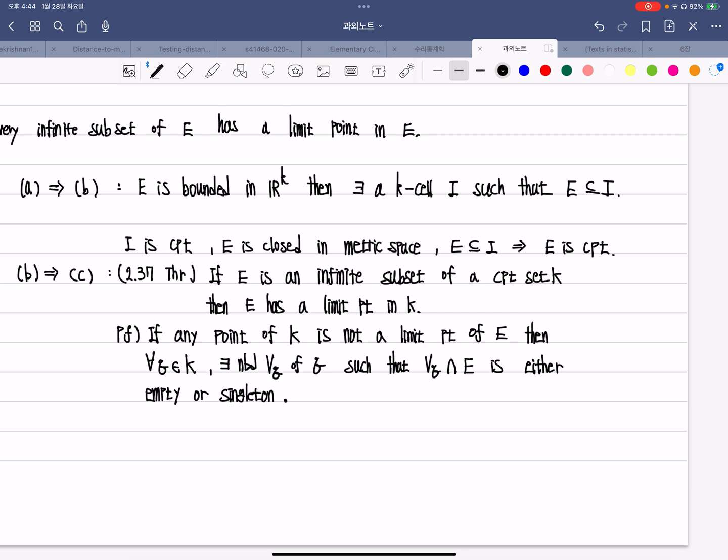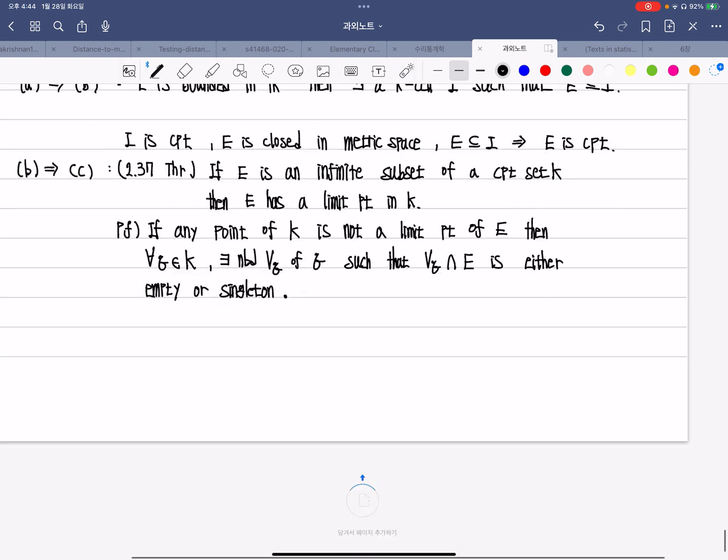If q is in E, then the intersection is a singleton. Okay?